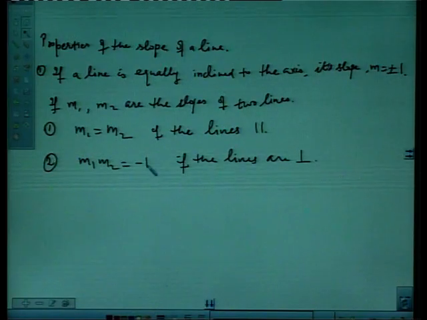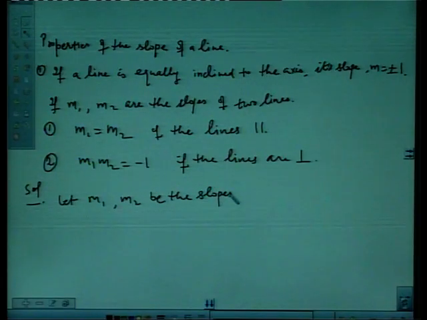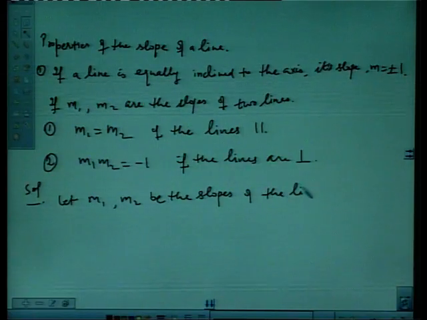Now solution, let m1 and m2 be the slopes of the lines AB and CD.